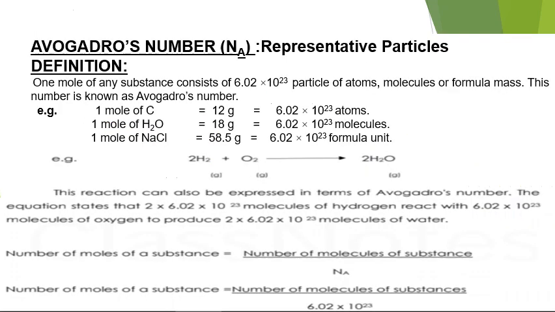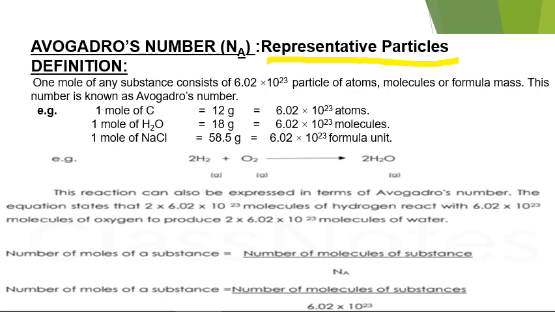Now students, I hope you are familiar with Avogadro's number. Avogadro's number is represented by N_A. In your book, it is also termed as representative particles. How to define it? The number of atoms, ions, or molecules present in 1 mole of the substance is termed as Avogadro's number.